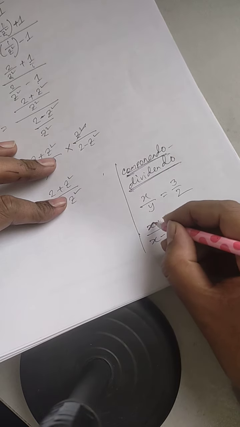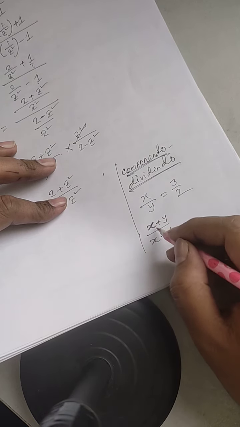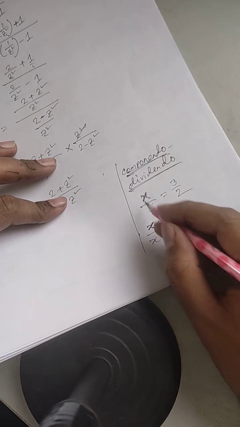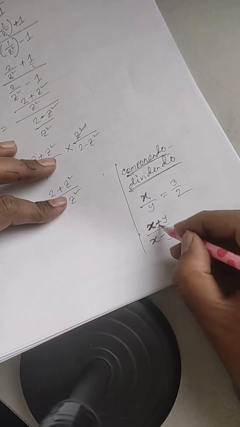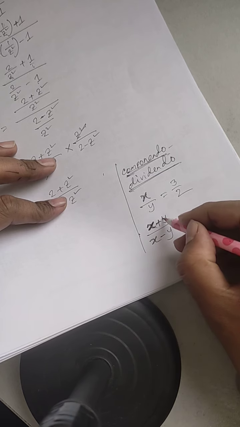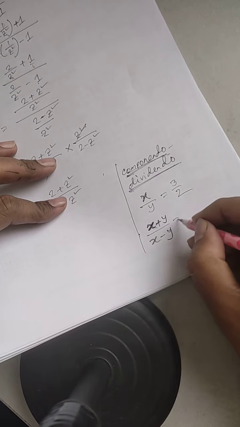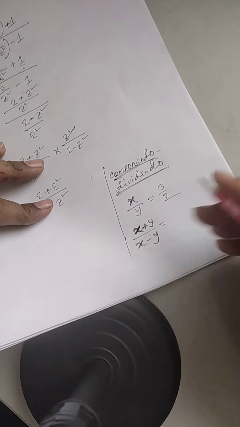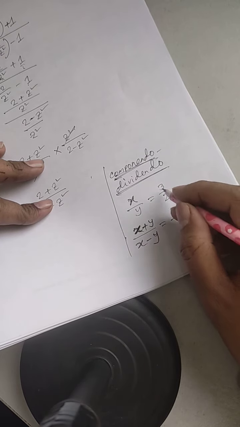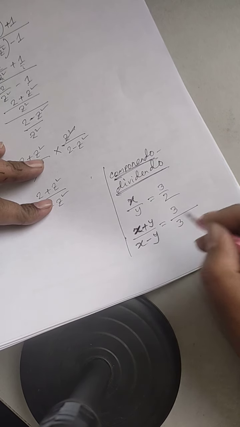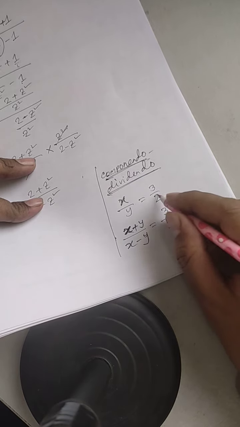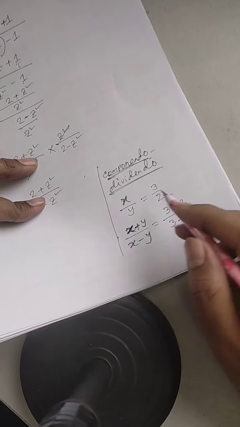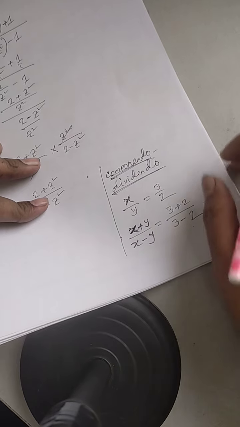That means in both cases at first we write the numerator, then a plus sign and a minus sign, and here the denominator and here the denominator, and we do the calculation for both sides. In the right side the numerator is 3, so at first we write 3 here, then plus, then minus, 2 the denominator. So this method is known as componendo dividendo.